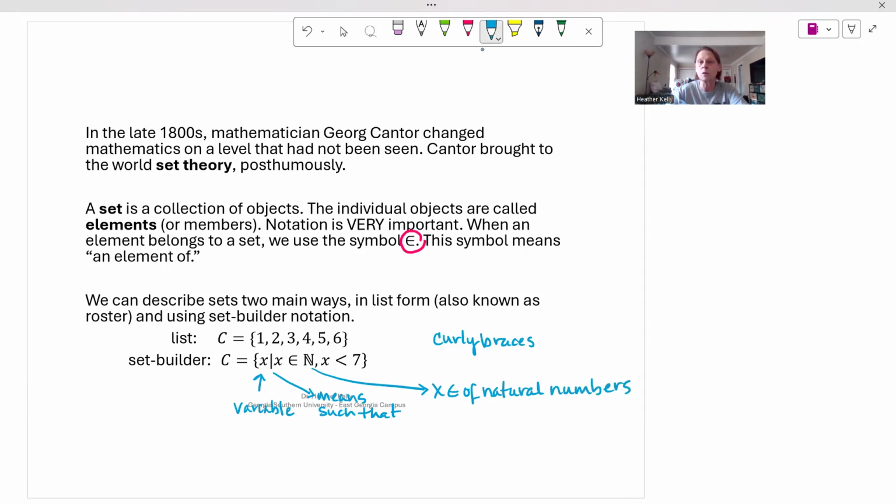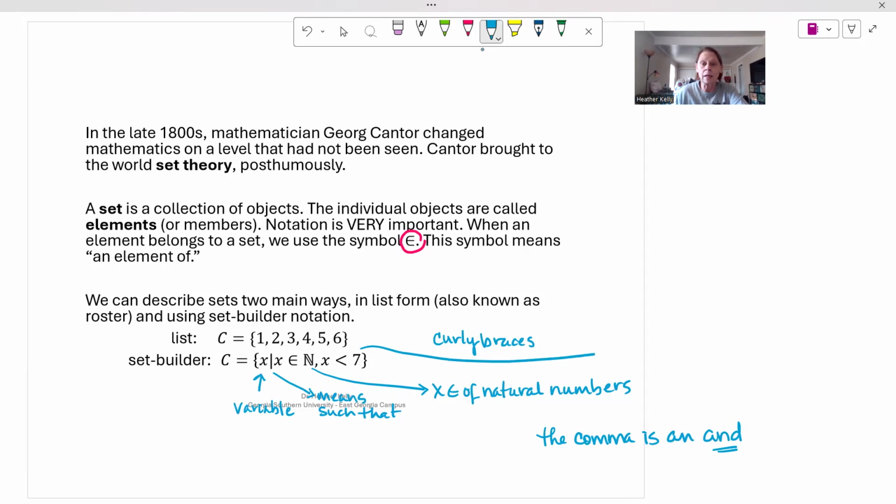Those are the counting numbers. They start with 1. And this little comma, and sometimes they just write the word "and," x is less than 7.